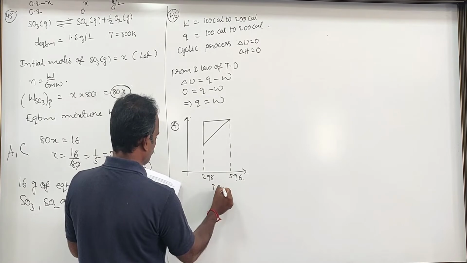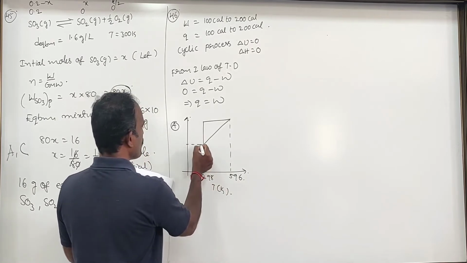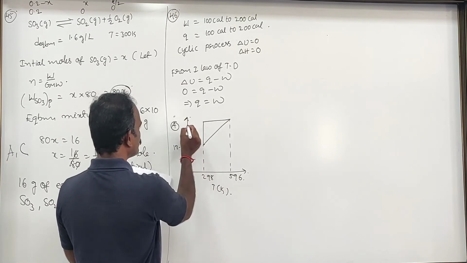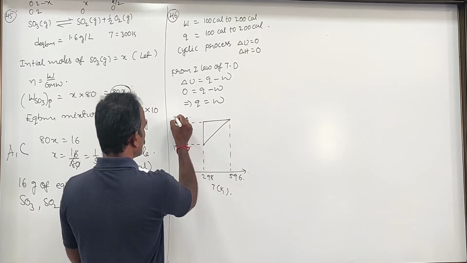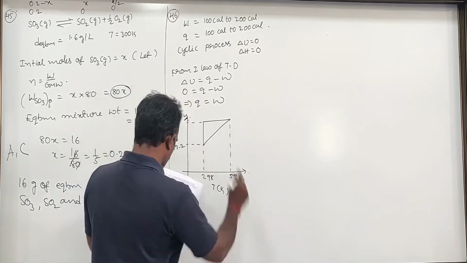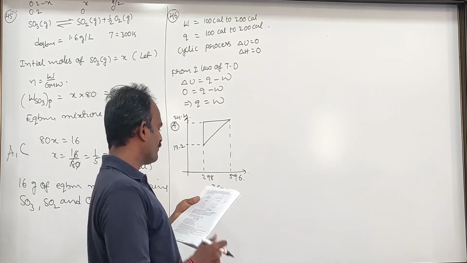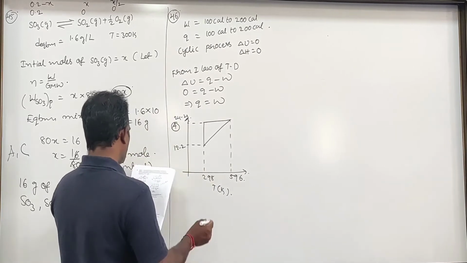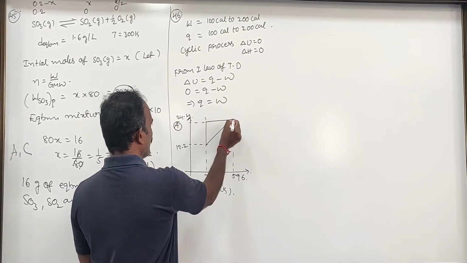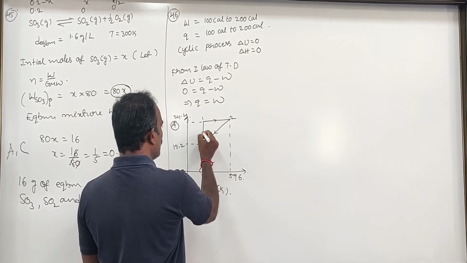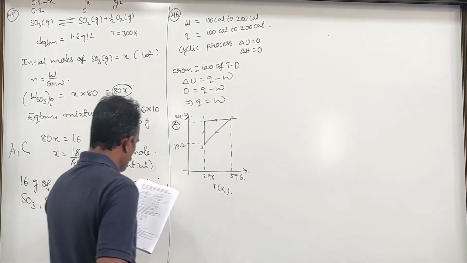Temperature in Kelvin, 12.2, 24.4, 24.4. Now they mention this is going to be 1, 2 and 3: 1 to 2, 2 to 3, again 3 to 1.